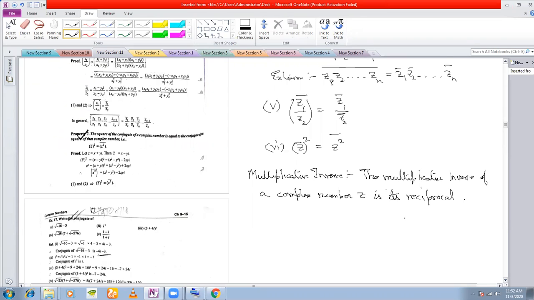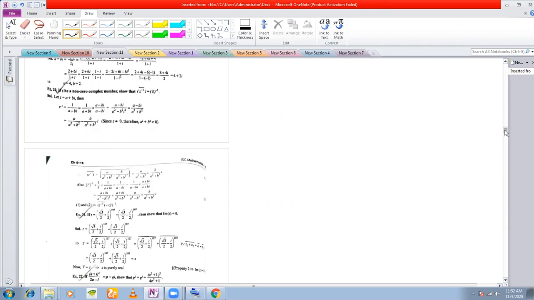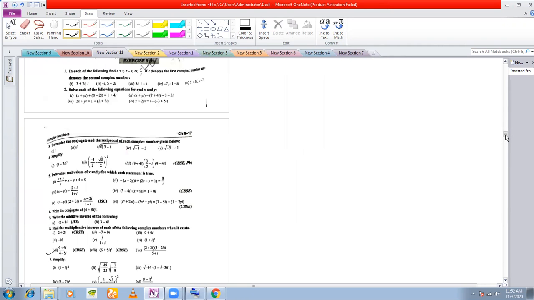So whatever complex number is given, if you want to find out its multiplicative inverse, you just take the reciprocal of that complex number. Okay. So now we move on to the problems with these concepts.